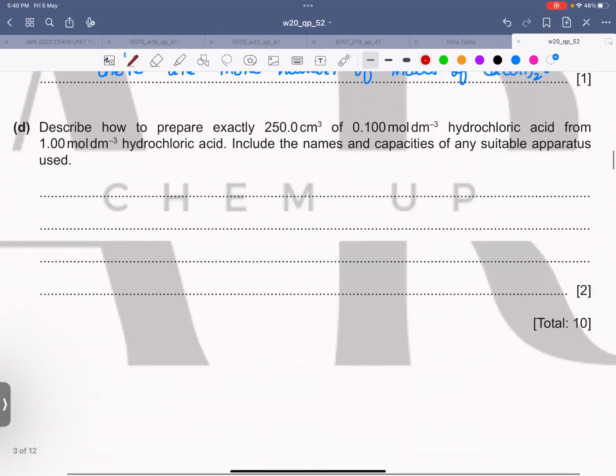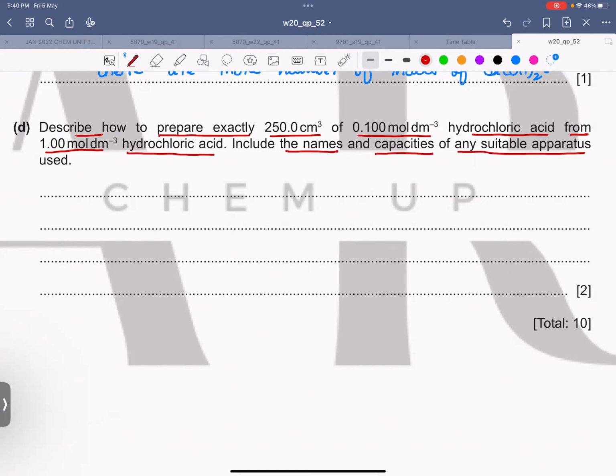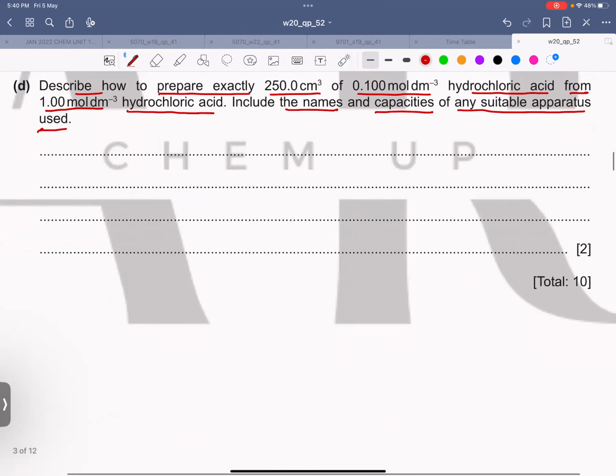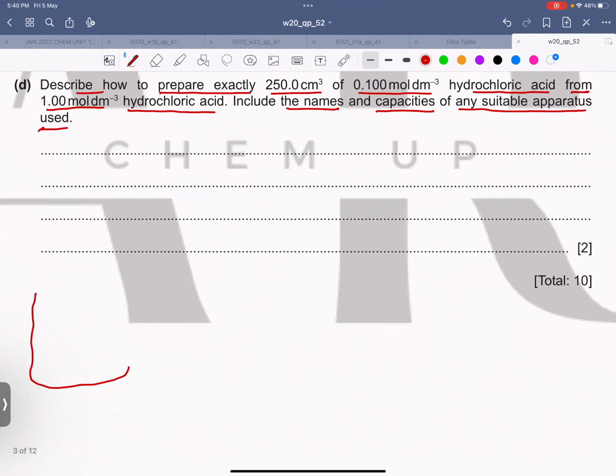Now, D part. Describe how to prepare exactly 250 cm³ of 0.1 mol per dm³ hydrochloric acid from 1 mol per dm³ hydrochloric acid. Include the names and capacities of any suitable apparatus used. Okay, so here what they are saying is that they have a stock solution, and that stock solution contains HCl and its concentration is 1 mol per dm³.